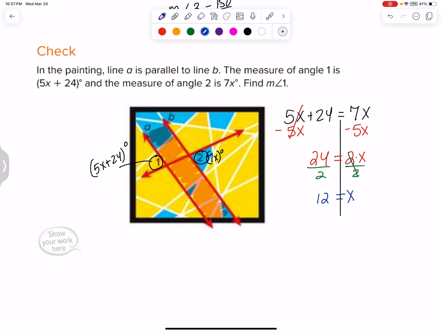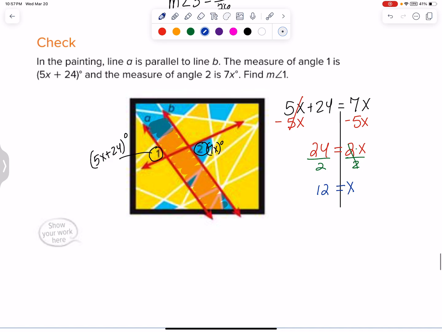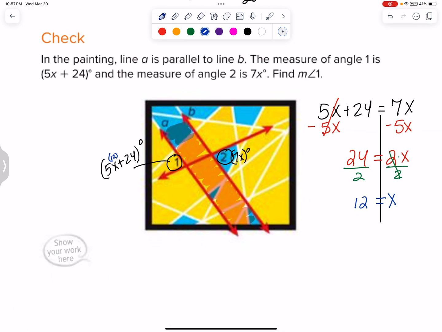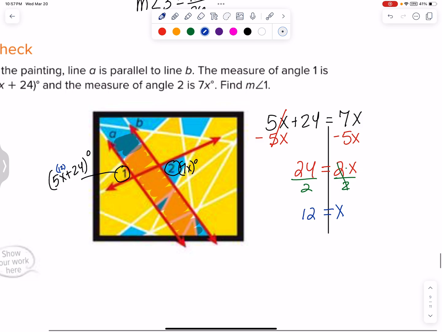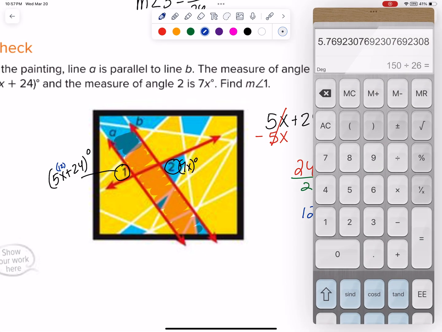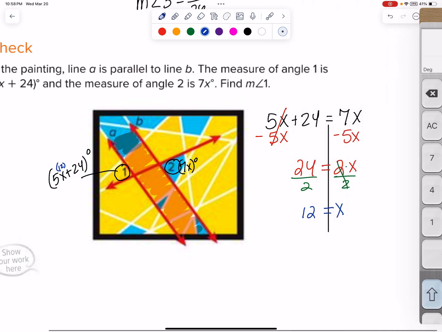Okay, so if x equals 12, remember, angle 1 is not 12 degrees. We need to plug that in for x. So what is 5 times 12? Well, if you don't know that multiplication, then you type it in. 12 times 5 is 60, plus 24 equals 84.